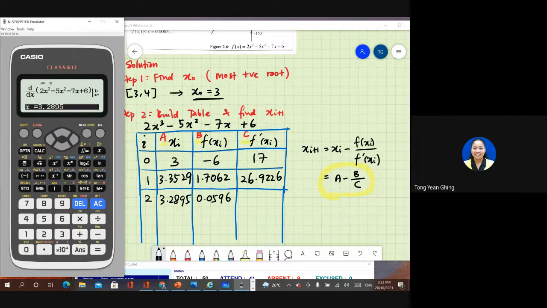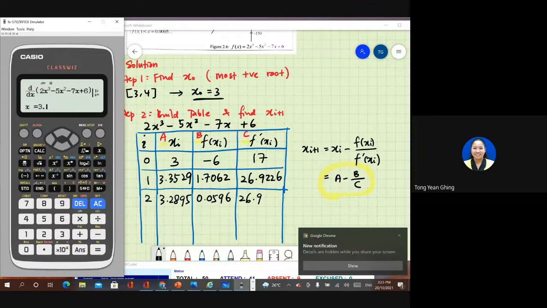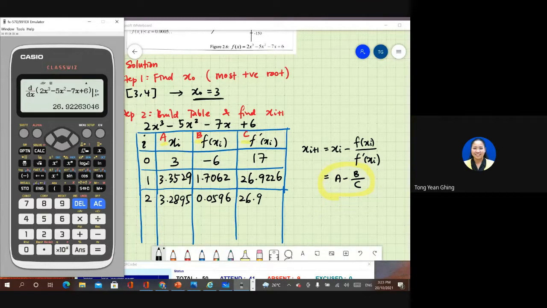Integrate 3.2895, 26.9. Am I right? Wrong for a moment. 3.2895. 26.9226. Is it the same? Am I wrong?